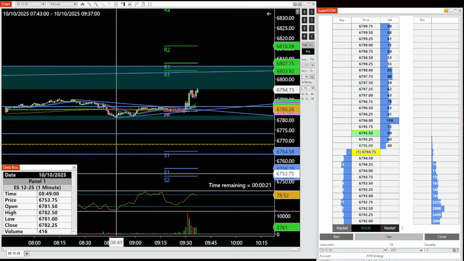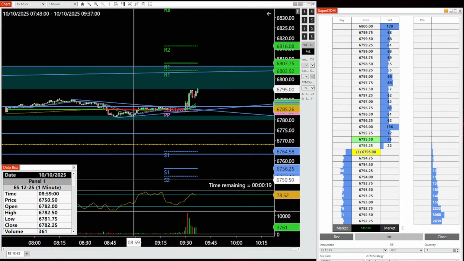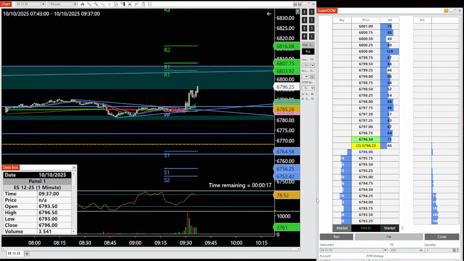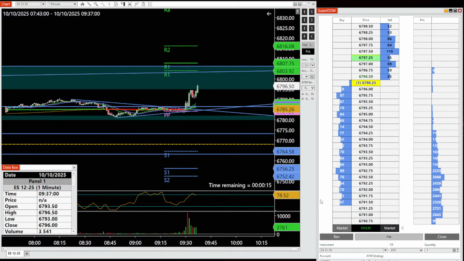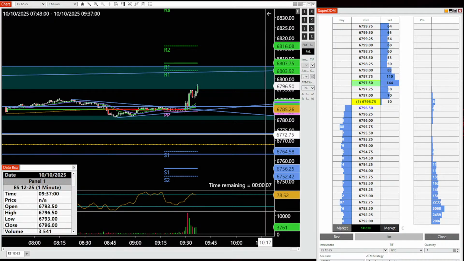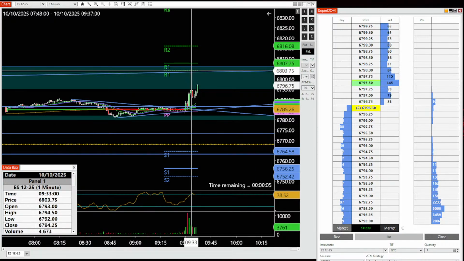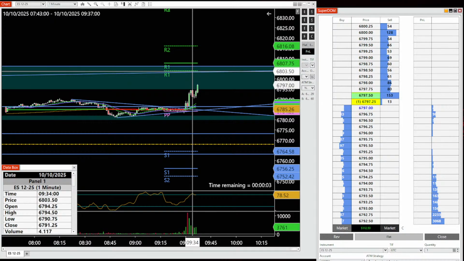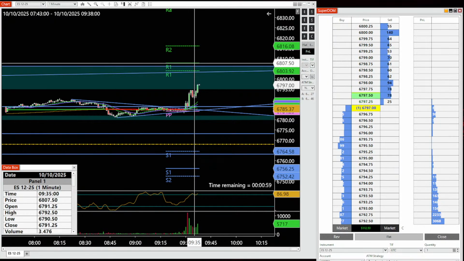Looks like it wants to test 6,800 this morning. We got the R1, the Fibonacci pivot at 03. We got the standard pivot at 07.